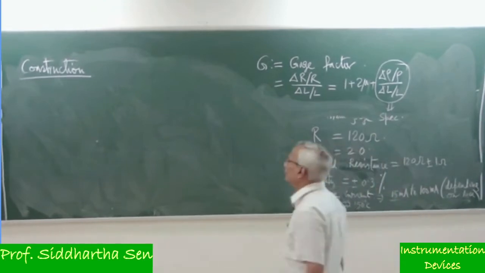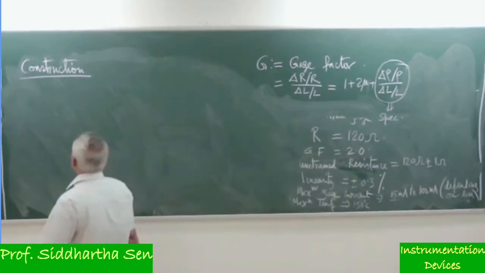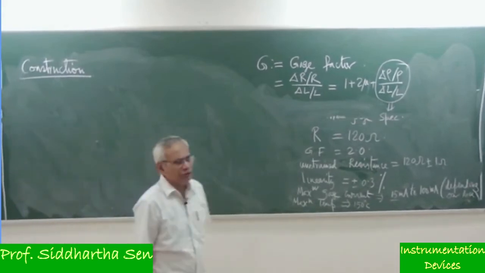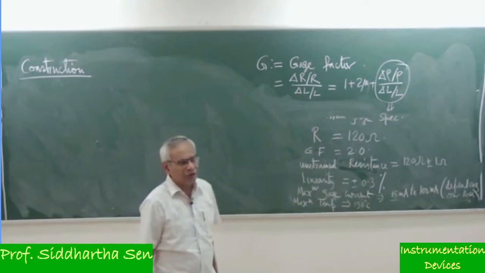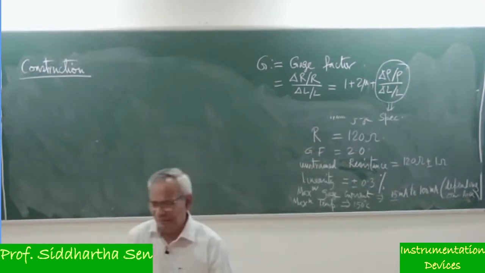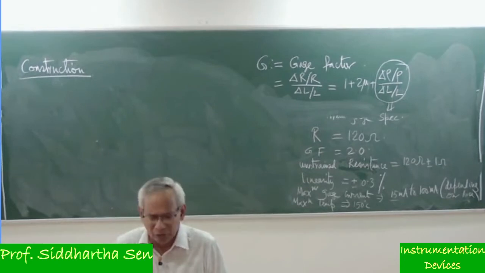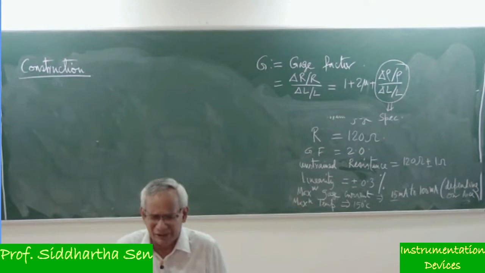If we look at it broadly, the strain gauge is used for different purposes. It may be for measurement of very small pressure variation or small strain variation. Or it could be for very large building structures. Say suppose we want to measure the tilt of a large building structure.